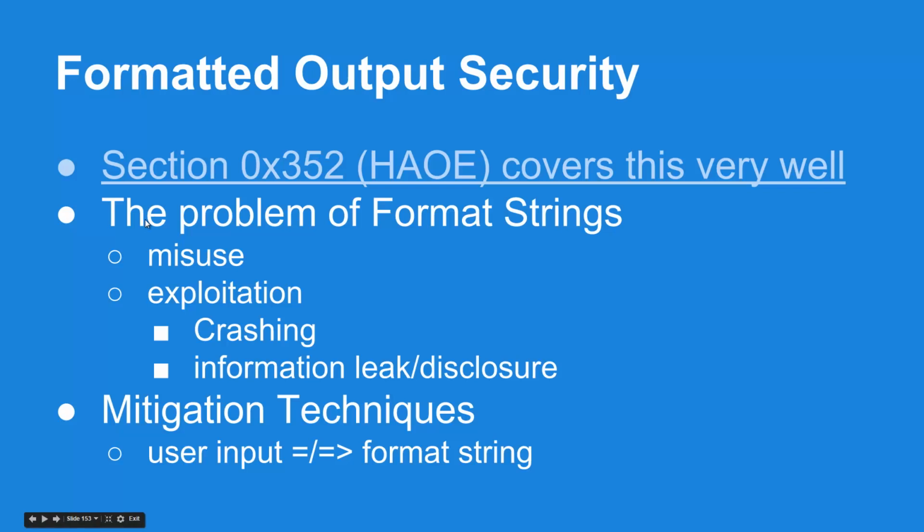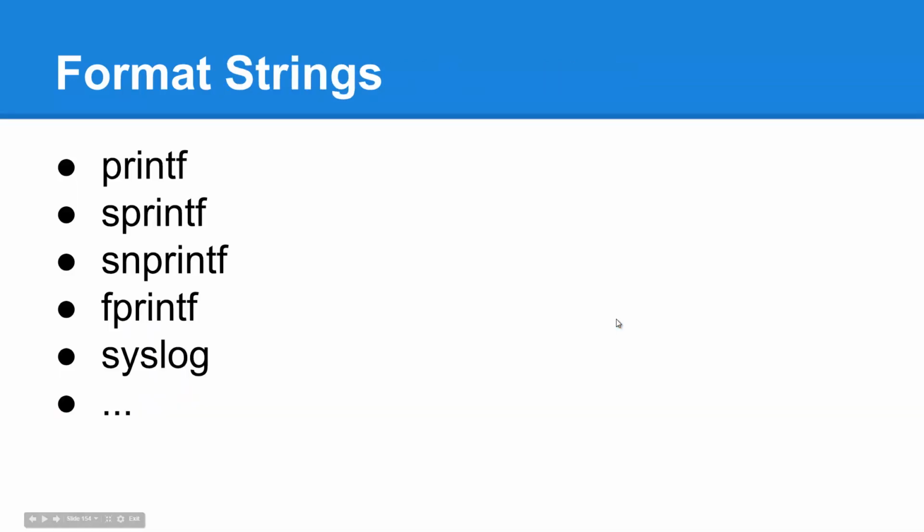We're going to cover the problems that occur when using format strings, misusing them, how to exploit them, how to get them to crash, and, more interestingly now, how to get them to leak information and perform other forms of information disclosures about the process itself, which will enable further exploitation. And mitigation techniques, how to prevent these vulnerabilities from arising.